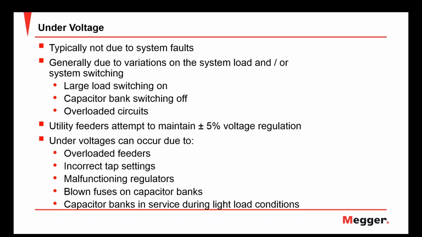Now, undervoltages are typically not due to system faults. Most of the time, 90% of the time, they are load side issues. And they have to do with large loads coming on, cap banks possibly turning off, or overloaded circuits. Typically, the utilities try to maintain about plus or minus 5% voltage regulation.